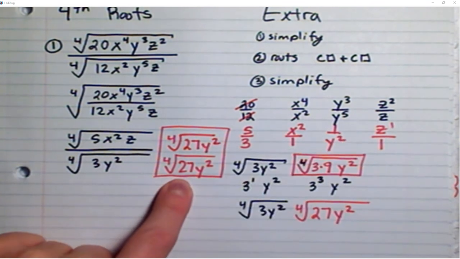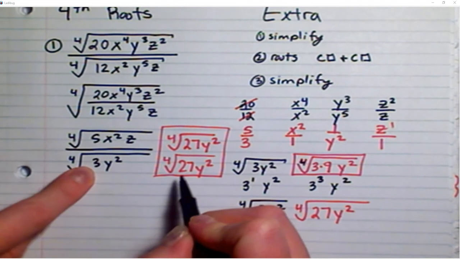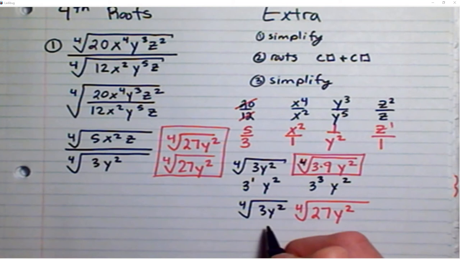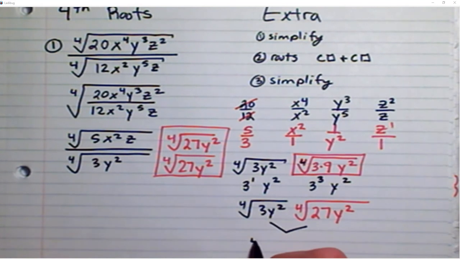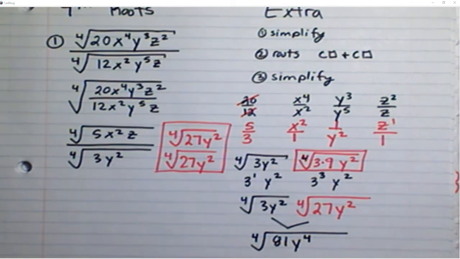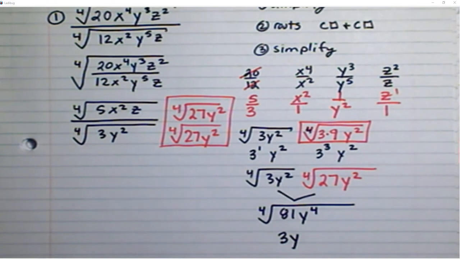Notice that 27 is the perfect cube, and then we have one more 3 over here, which makes it the perfect 4. So let's go ahead and multiply these things together. 81y to the fourth, which is actually 3y. Look at that. A 3 and a y come out of the radical.